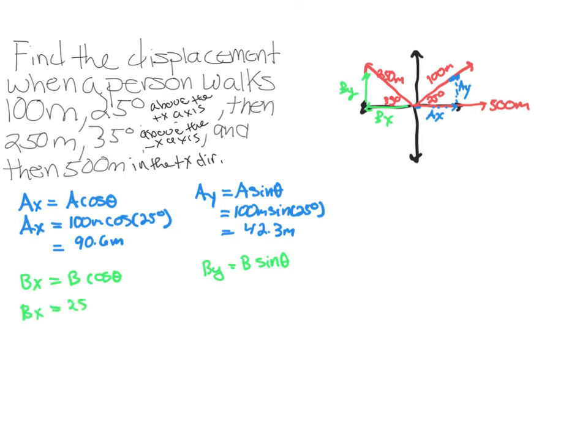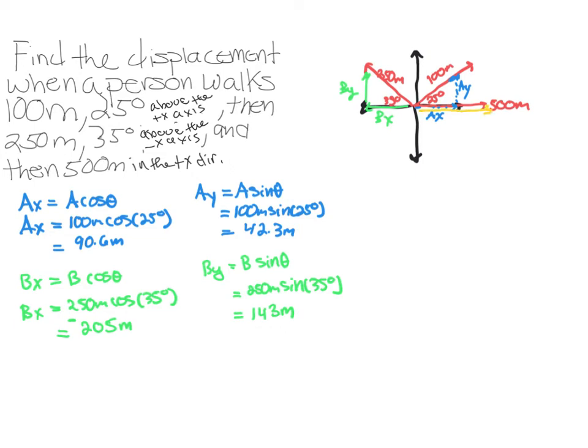We have 250 meters times the cosine of 35 degrees, and 250 meters times the sine of 35 degrees. All right, so I need to pause again and get out my calculator. All right, so we found the x and y components, but we need to check the signs. It's up and to the left, so that means y is positive and x is negative since it's to the left.